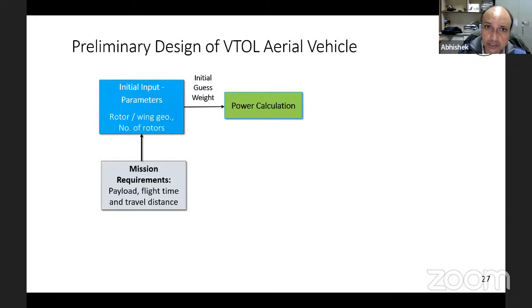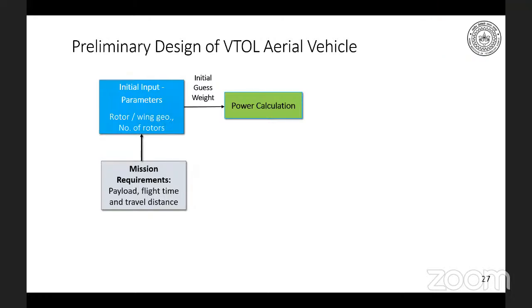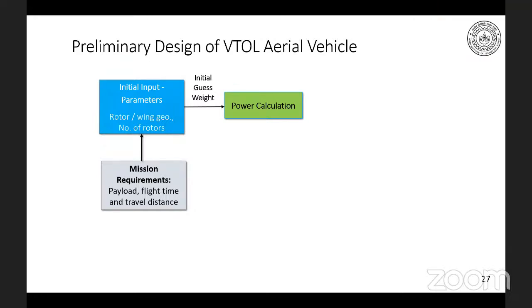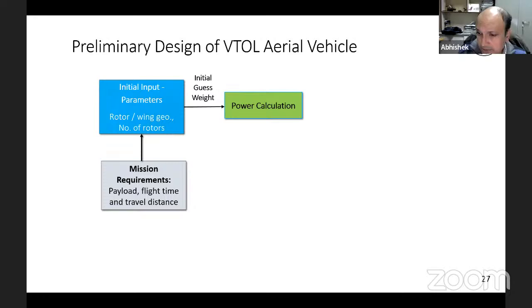For example, a helicopter's payload fraction could be as high as 0.4 to 0.45. But for a VTOL vehicle, for example a biplane tail-sitter, a tilt rotor or a quad plane, the payload fraction, which is the ratio of your useful payload to the gross takeoff weight, drops to 0.2 to 0.25. That is the most optimistic value to choose.